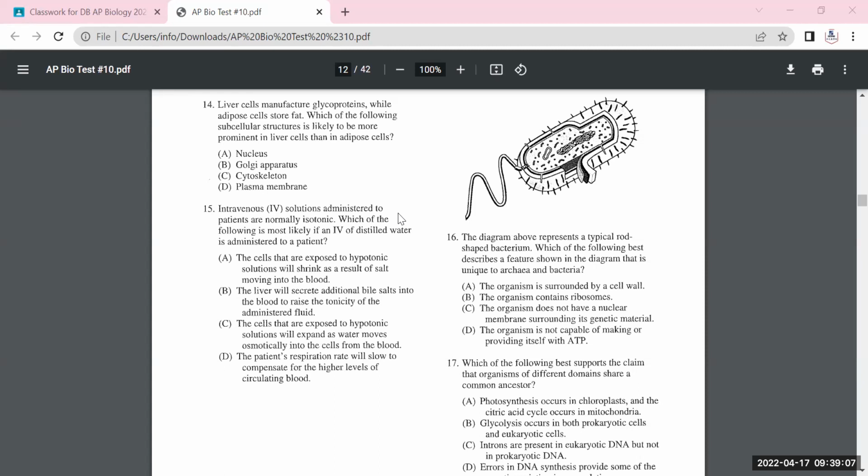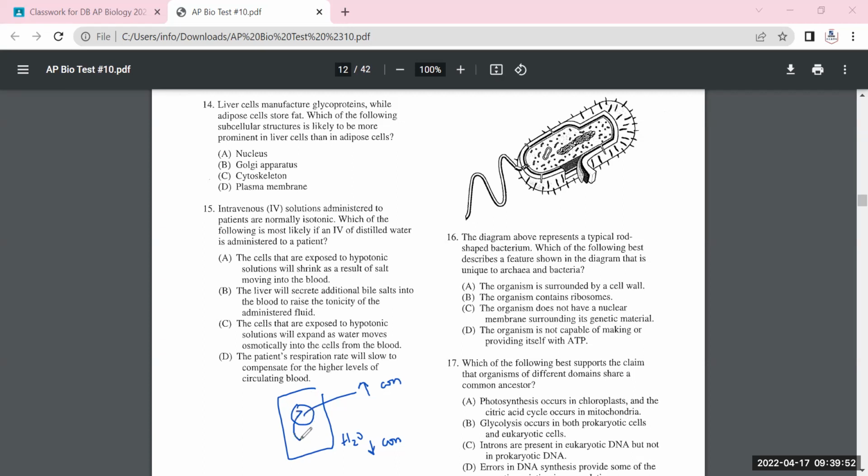Okay, intravenous solutions administered to patients are normally isotonic. Which of the following is most likely if an IV of distilled water is administered to a patient? So accidentally you hook them up to distilled water. What's going to happen? Your cell is here, so we have high concentration inside and low concentration outside. When you have high versus low concentration, what's going to happen due to the principles of osmosis?